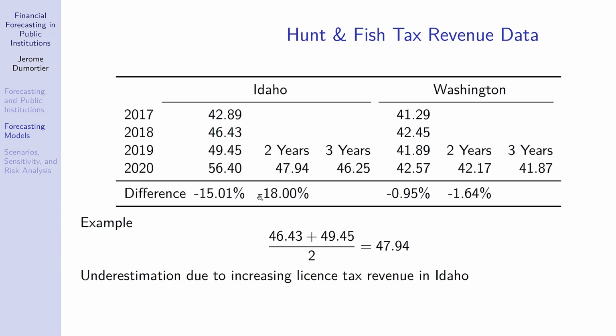Now, if we are applying the same technique to Washington, we see that the difference is much smaller. Now, remember that for Idaho, we had an increasing trend, and that means that in general, the next data point is underestimated.